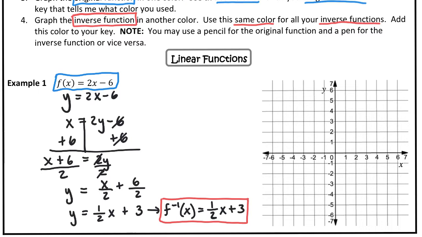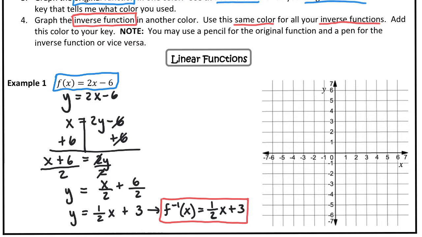Okay. Step 2 says to sketch the reflection line using dashed lines. So I'm going to get my ruler and sketch the reflection line.